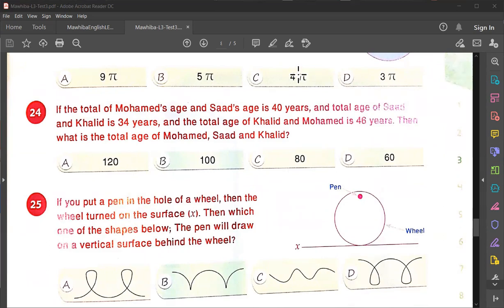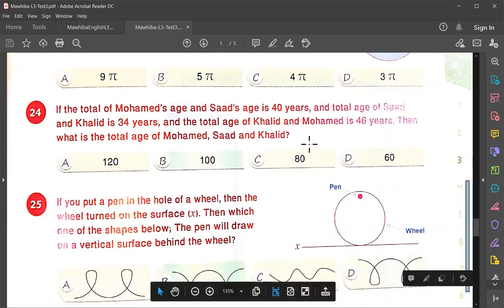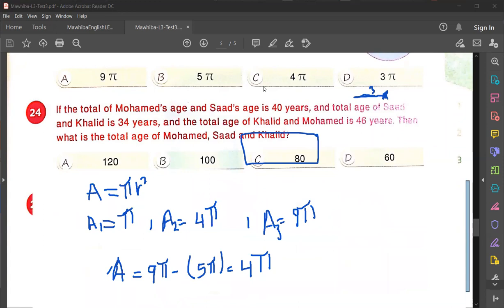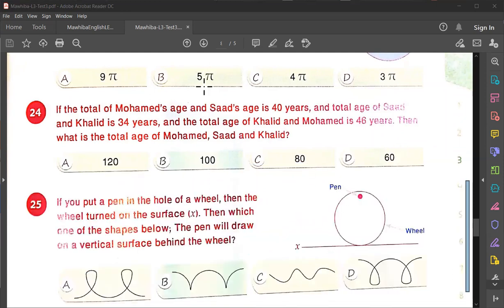Yes, it is easy. You write equations here.